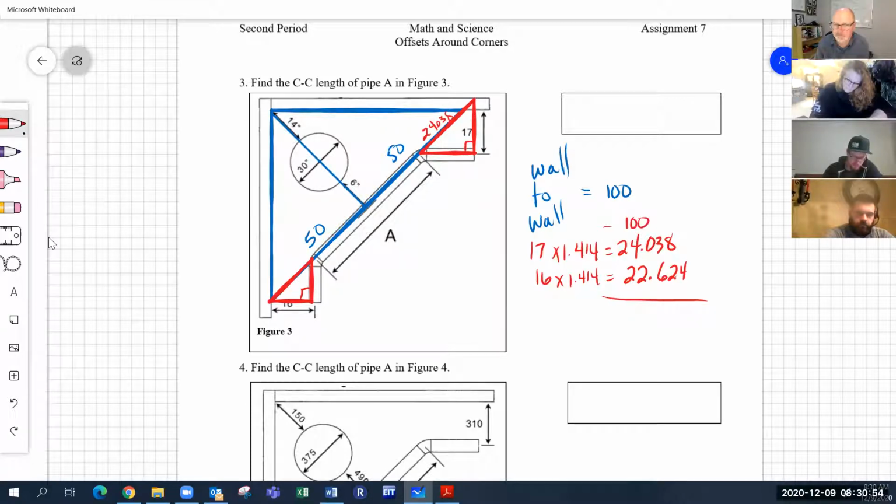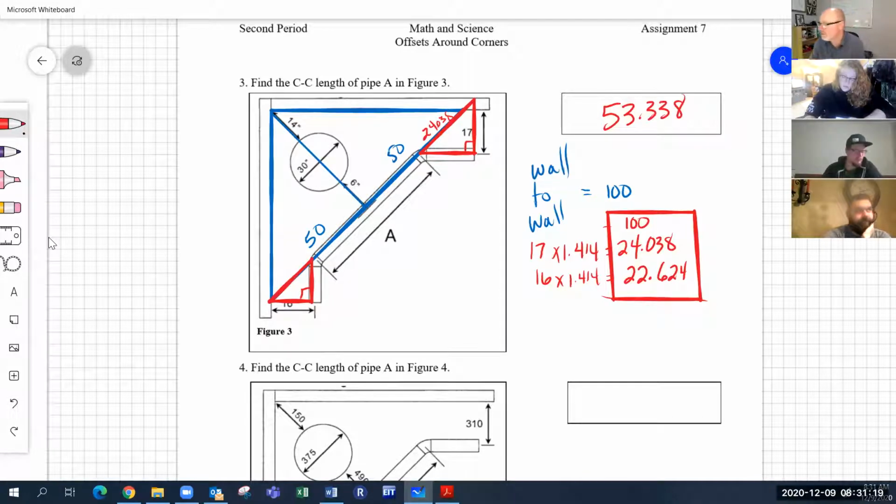Right here. 100 minus those two. And my pipe A is 53.338. Pretty easy stuff, right?